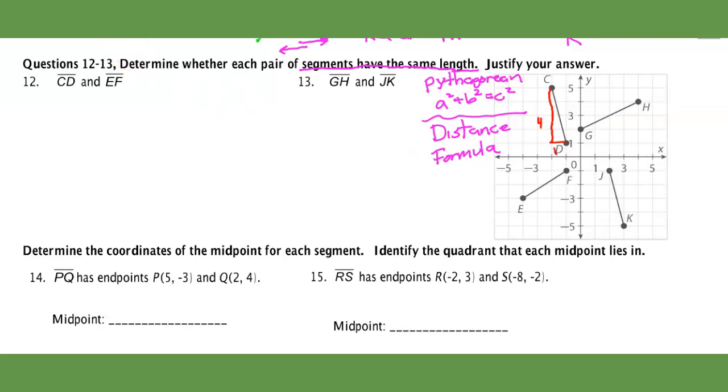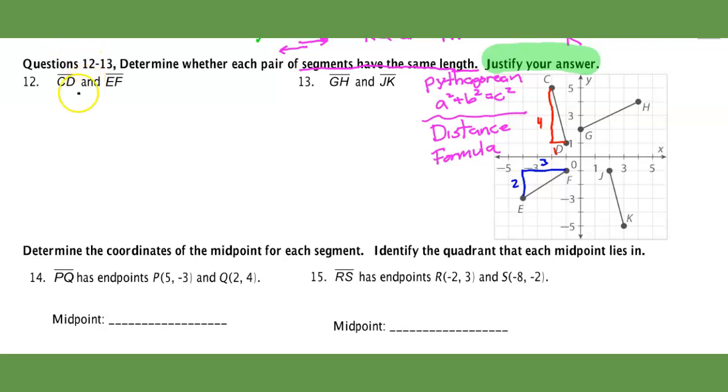And then for EF, E and F, we have going up 2, going over 1, 2, 3. So you might be able to look at this and say for sure they're not the same length, but it does say to justify your answer. So simply saying, well, the picture kind of looks like it's not the same length is not going to be acceptable. We need to prove it mathematically.